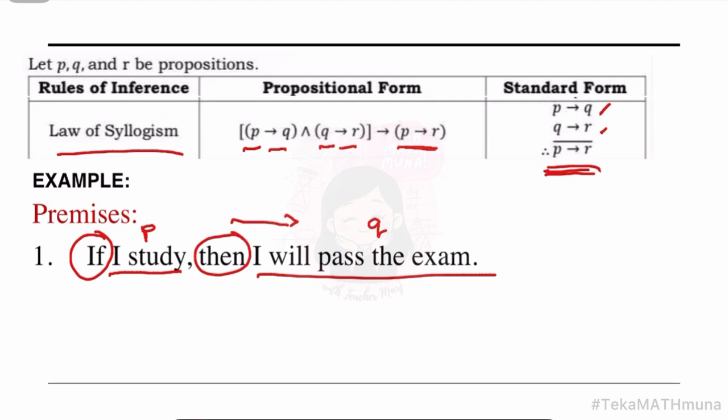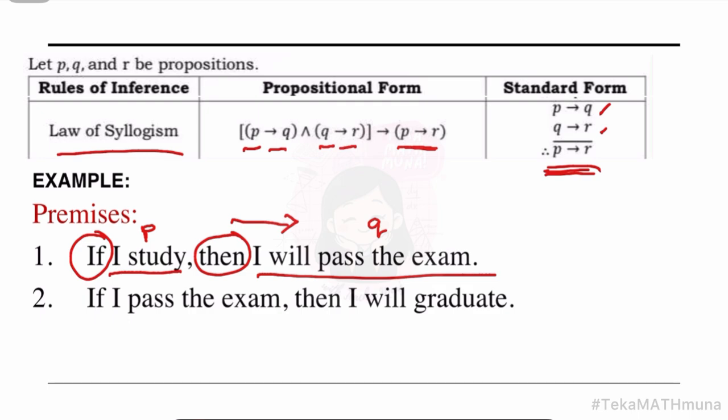Then, if I pass the exam, that is proposition Q, then I will graduate. I will graduate, that is proposition R. Again, we use if then.